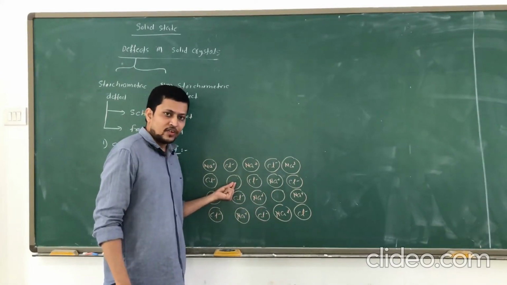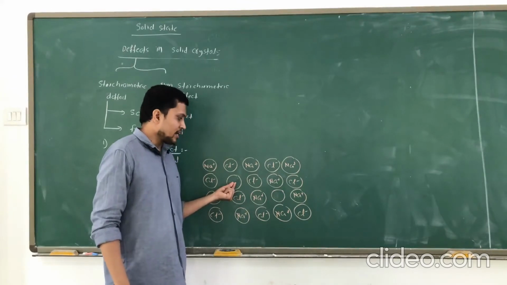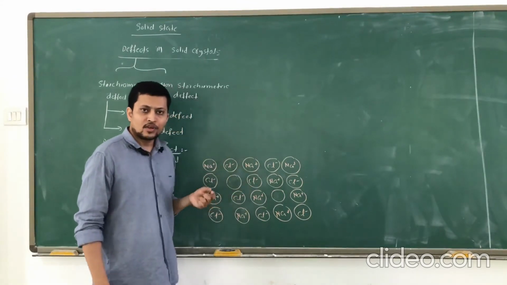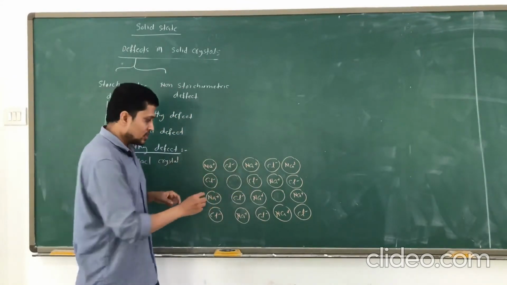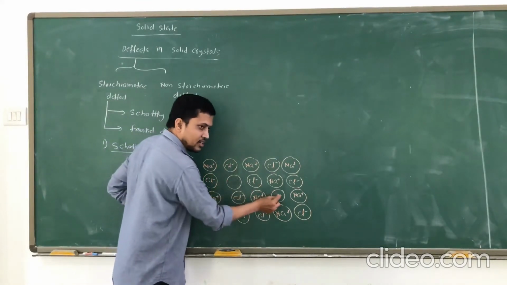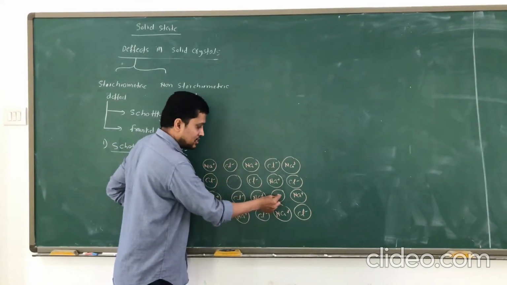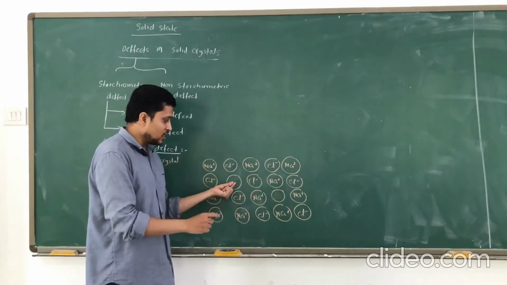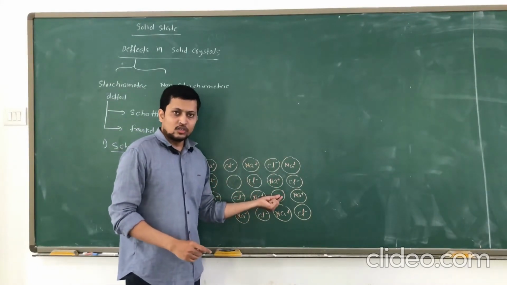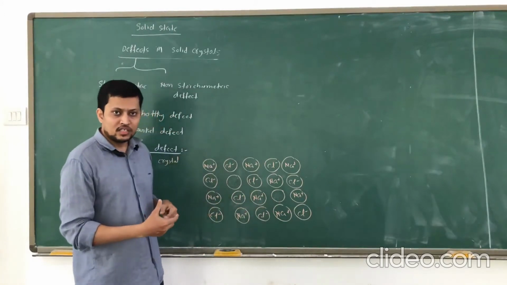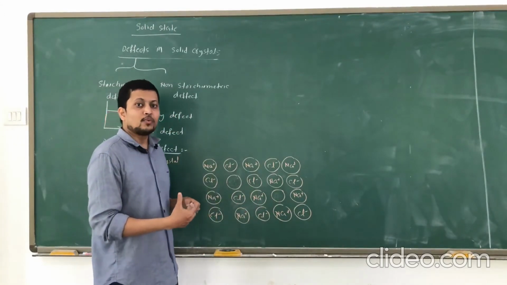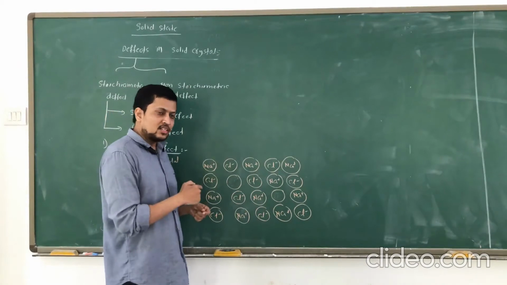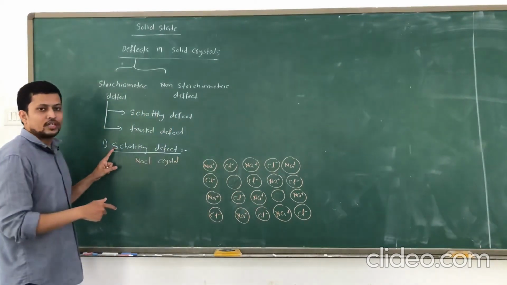So in Schottky defect, a number of anions and cations are missing from the lattice sites. This is a site. This is also a site. But this lattice site, this point, does not have those cations and anions. So these cations and anions are missing over here and producing a defect. And this defect is called what? Schottky defect.